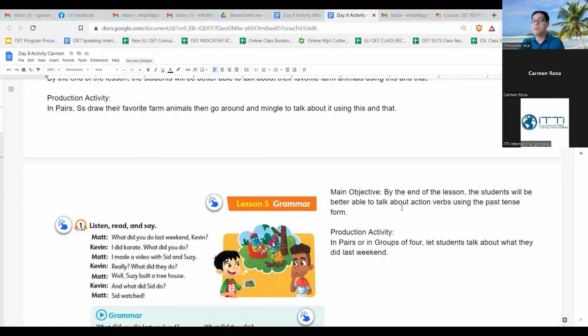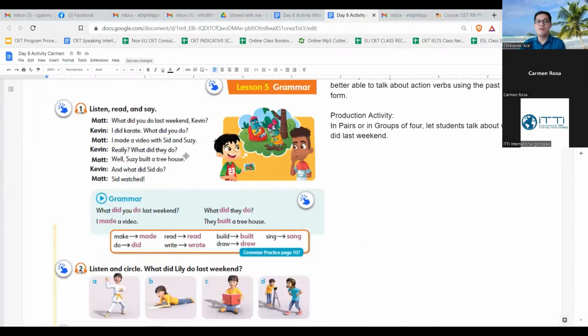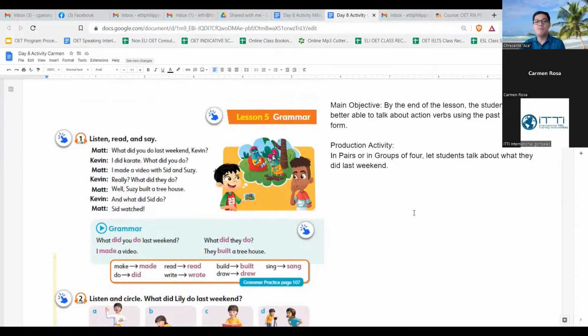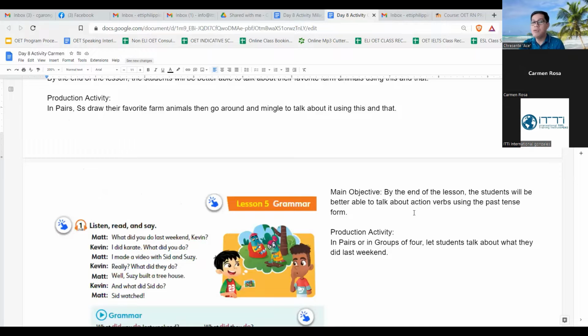Is it action verbs in general? I don't think it's just action verbs in general, because it has to be talking about the past weekend. It has to be in the past, and not just past, but weekend. So that's very specific. And it's not student-centered either because it's too generic. Although you said the students will be better able to, whose weekend are they going to talk about?